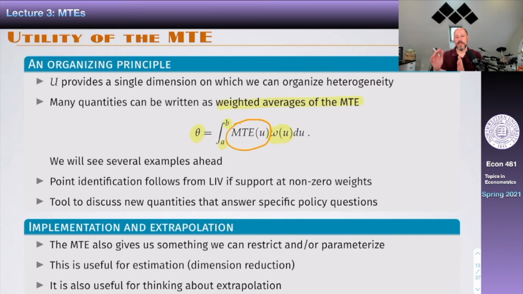Even if the support identifies the MTE only from 0.3 to 0.7, if we assume it's linear, we can extrapolate, because the model gives us a structure that lets us say something about areas that are not identified. Of course, under assumptions, but it gives us that rule, whereas in other more general settings it's really hard to think about extrapolation. So this framework, and this is going to be the content of the next lecture, not today, is going to allow us to make statements about the areas that we cannot identify.